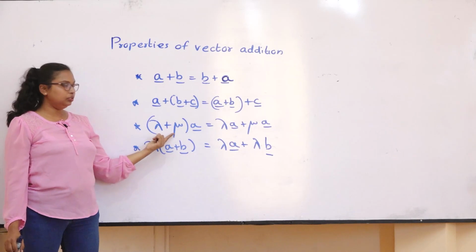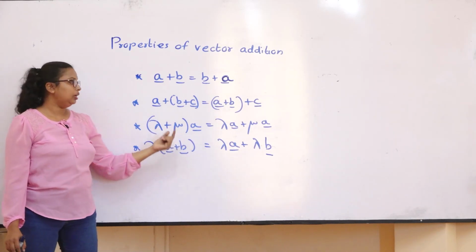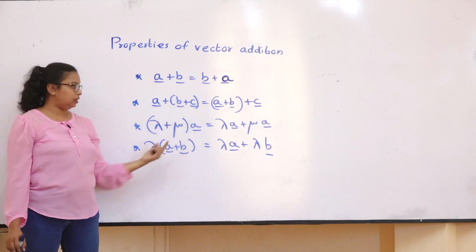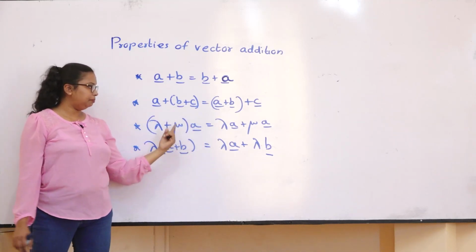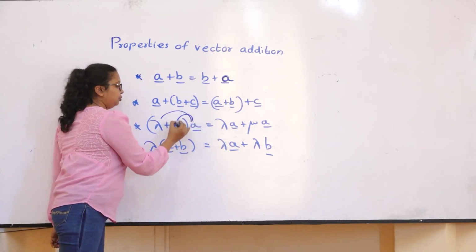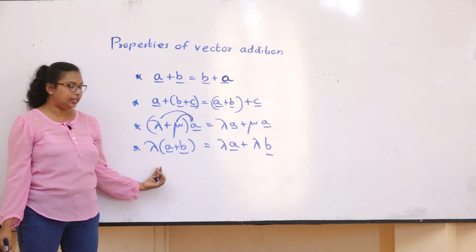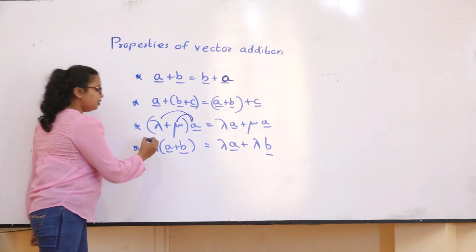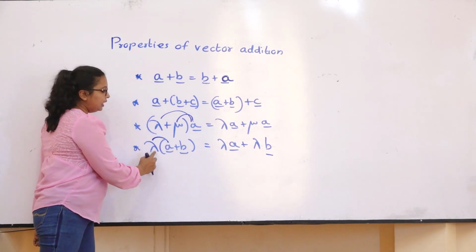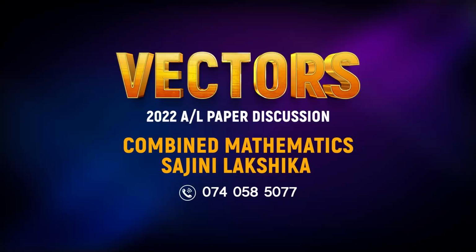Then if you have two scalars added here, (lambda plus mu) into A, we can multiply this with the vector: lambda A plus mu A. Similarly, if you have a scalar and two vectors, we can do the multiplication as usual: lambda into A, lambda into B, lambda B.